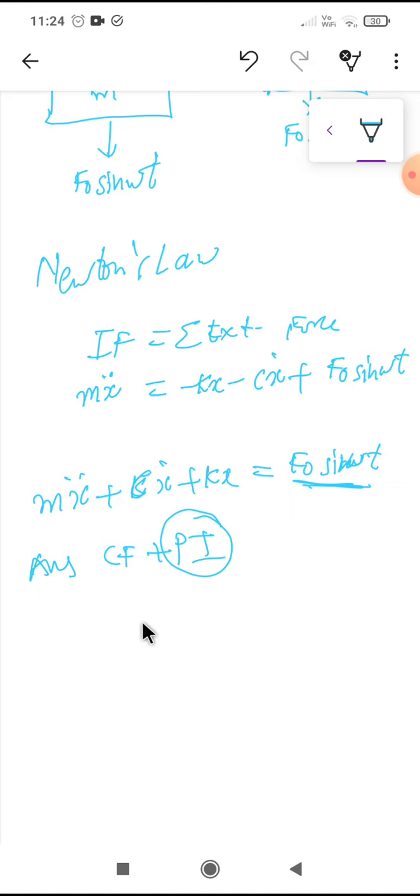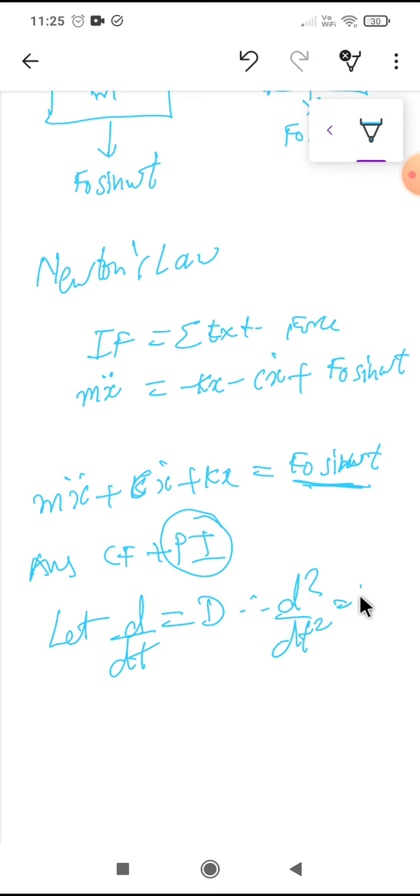To find this particular integral, we can use a similar approach as for CF. First, we will convert this equation to the auxiliary equation. What does it mean? Let d by dt equal capital D, therefore d square by dt square will be D square.